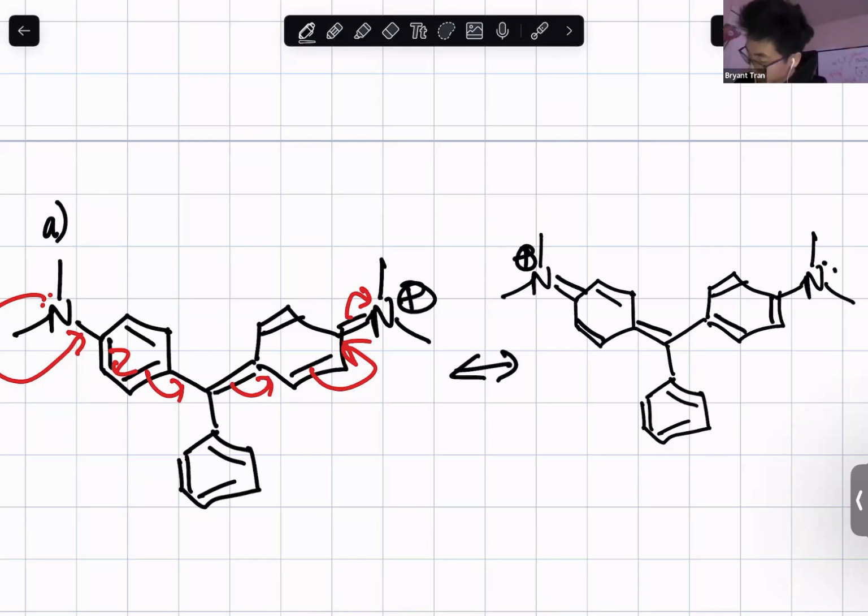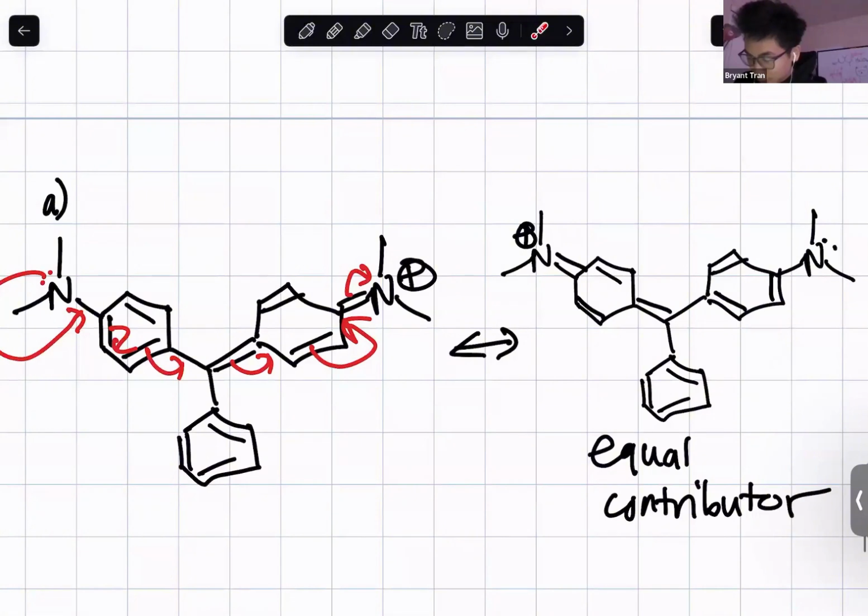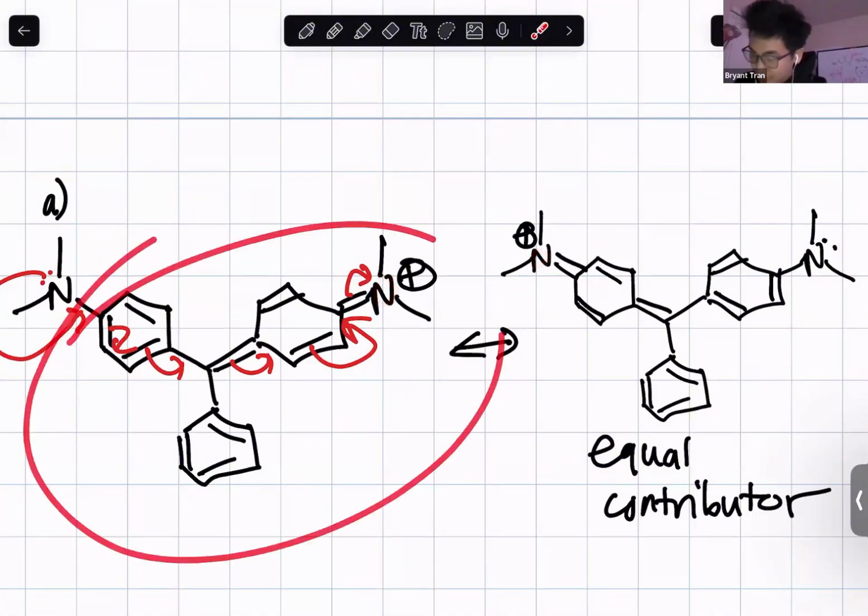Like that, right? Yeah, so this right here would be an equal resonance contributor to this right here, right? Because we have a positive charge on the same atom, nitrogen, and every single atom here has the octet rule.